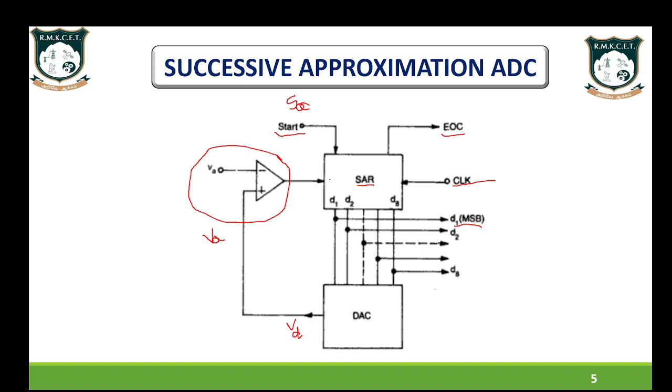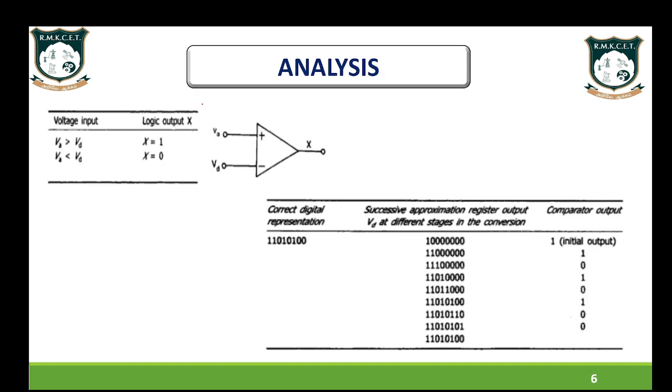This is the overall circuit diagram of the successive approximation analog to digital converter. The comparator has two inputs, the analog voltage VA and the digital voltage VD, and we get an output X, which is the comparator output.